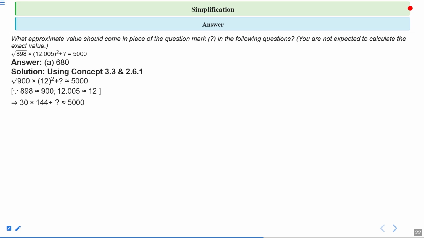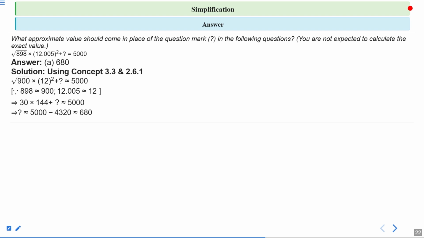So 30 into 144 plus question mark equals 5000. So question mark will become 5000 minus 4320. When we subtract it, we get approximately 680. So that's why A is the correct answer.